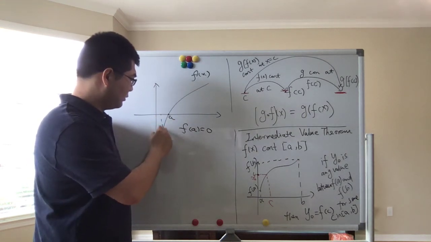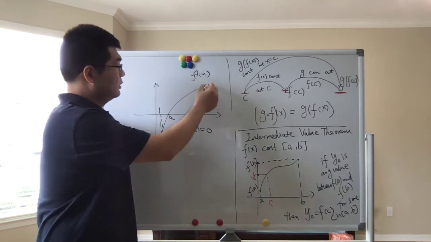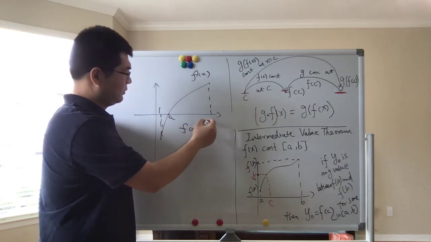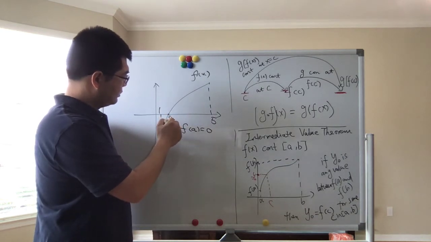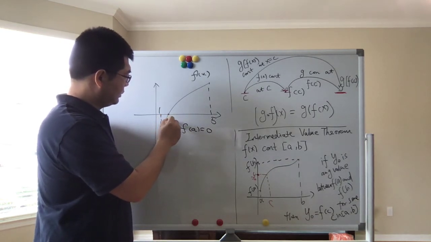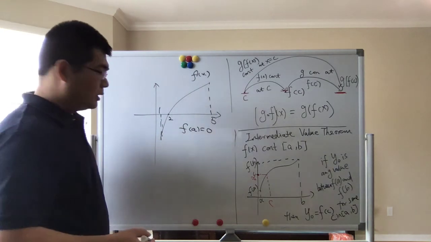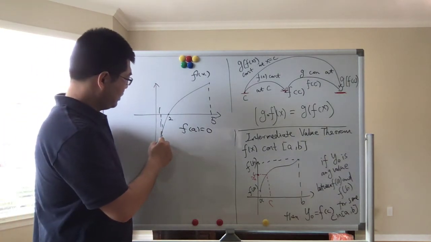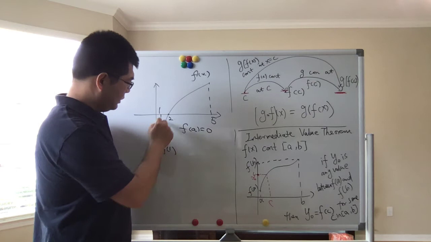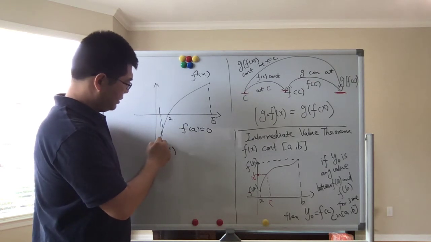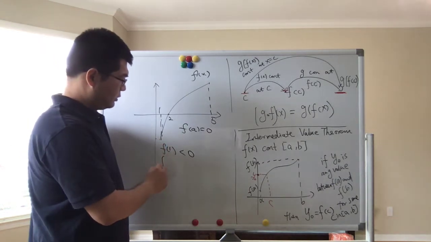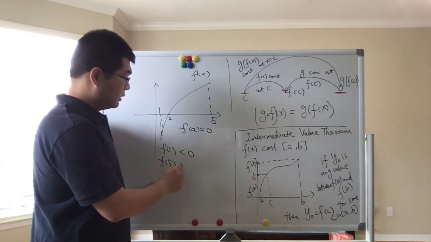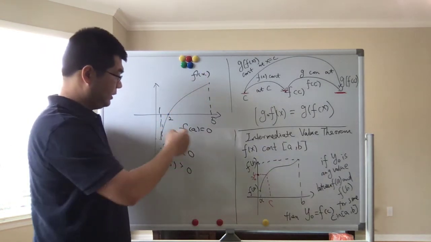Suppose this is 1, and this is 5, okay? Now, believe it or not, do you agree that f of 1 in our problem here is less than 0, right? And also f of 5 is greater than 0, agree, right?